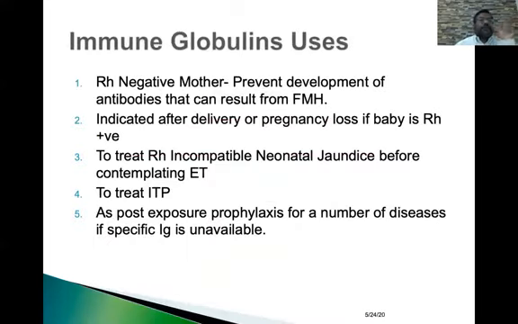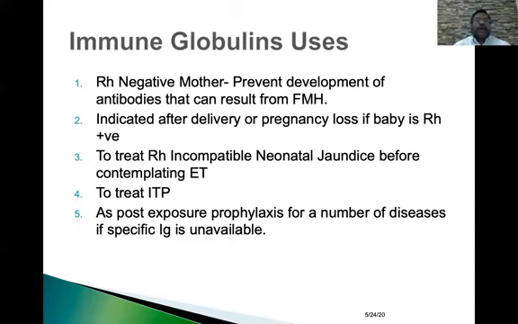Finally, one of the blood products is immunoglobulins, and so I have included that in the talk as well. Immunoglobulins are produced from the adult blood, and its uses are generally for Rh negative mother in the prevention of antibodies that can result from fetal-maternal hemorrhage, and it is indicated after delivery or pregnancy loss if baby is Rh positive.